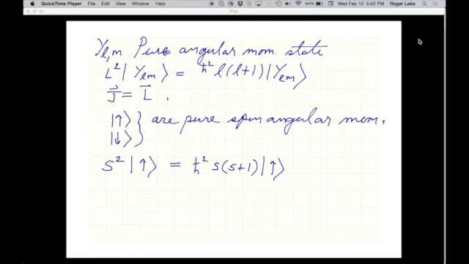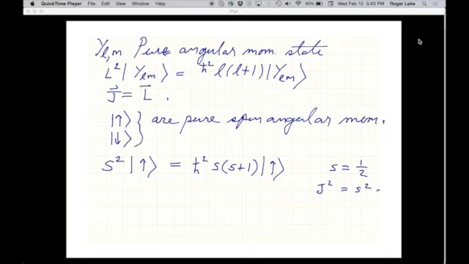So spin up or down is an eigenstate of s squared. For spin, s is 1/2, and if this is all you have, just spin, then the total angular momentum is the spin angular momentum, and so J squared is S squared if all you have is spin hanging around.